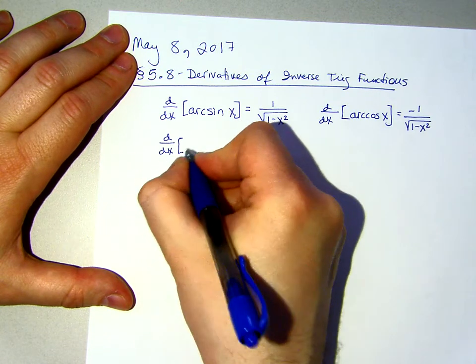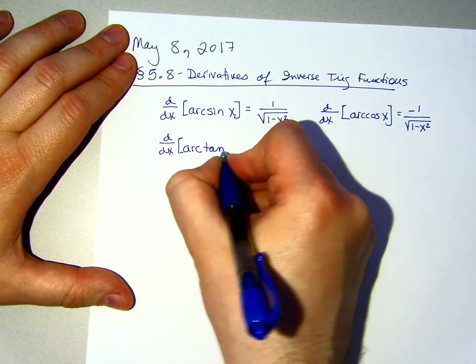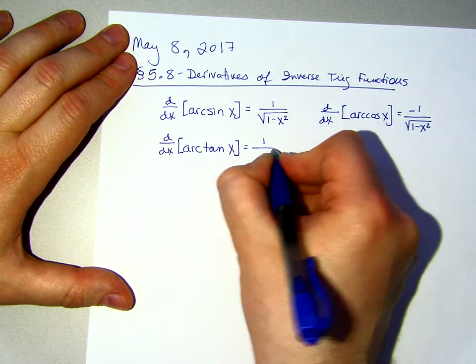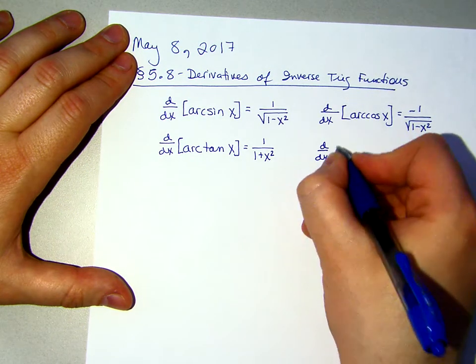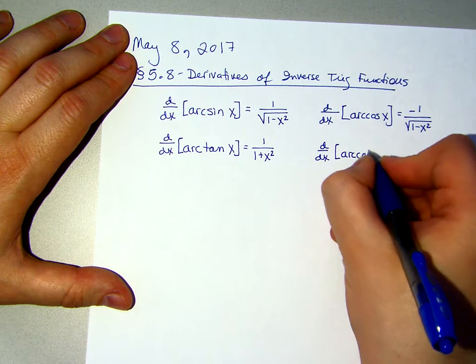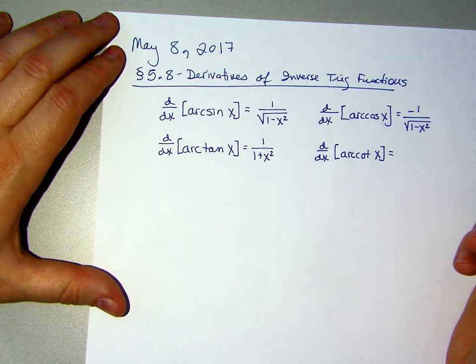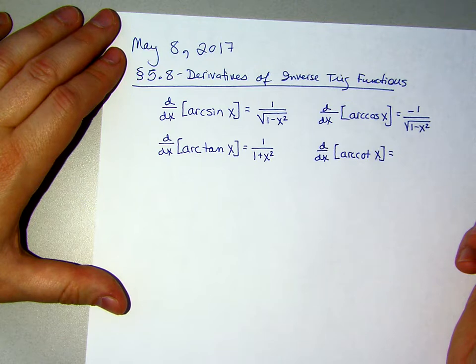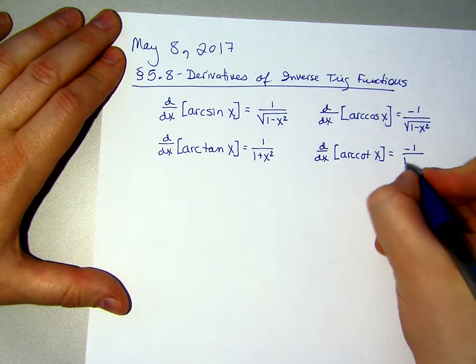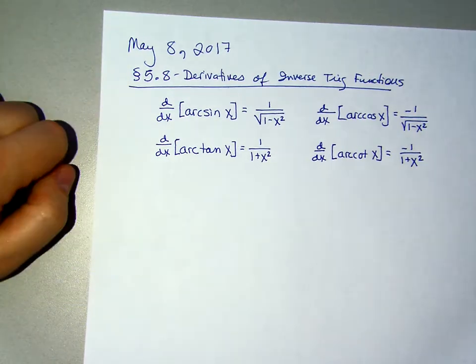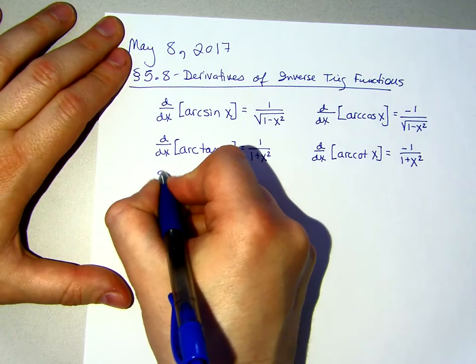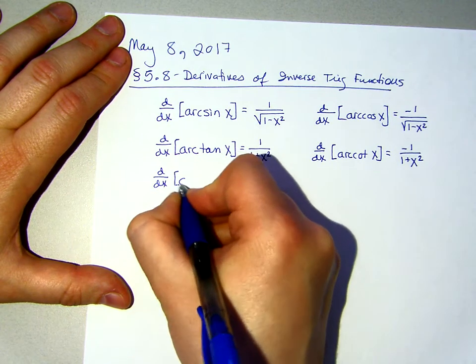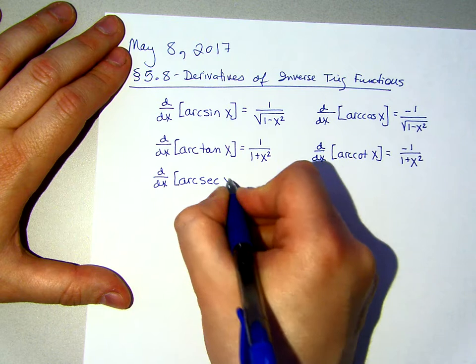The derivative of the arc tangent of x is 1 over 1 plus x squared. And the derivative of the arc cotangent of x, what do you want to guess? The negative of that thing. Negative 1 over 1 plus x squared. Finally, the derivative of the arc secant of x.